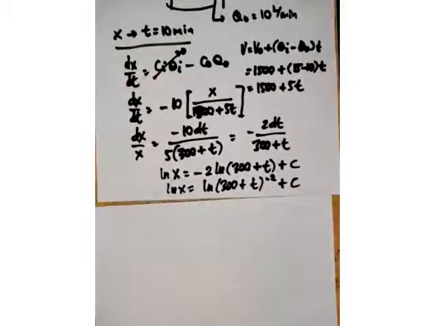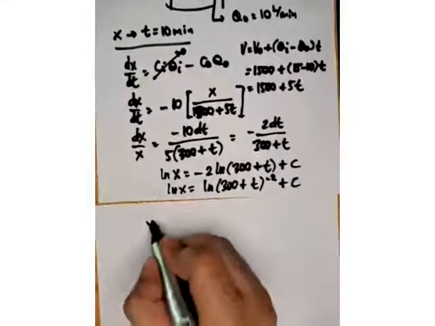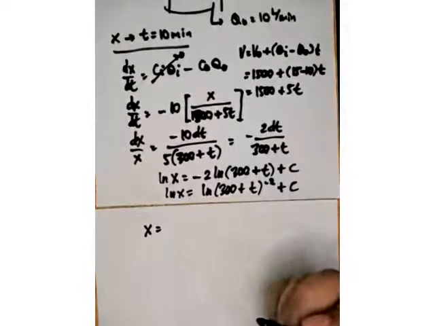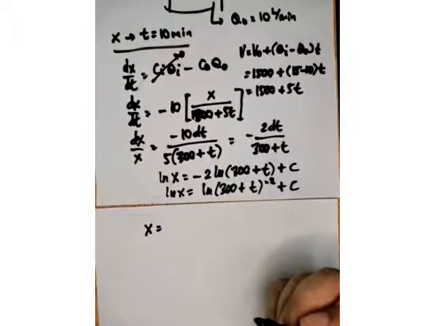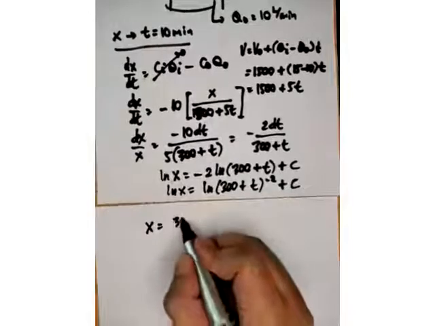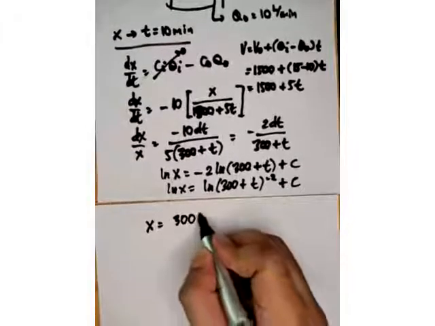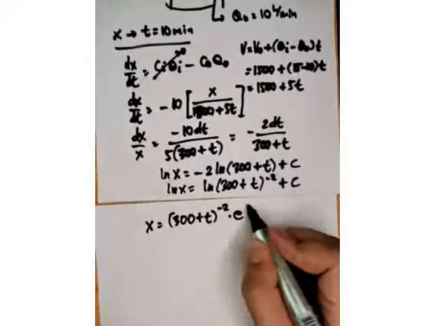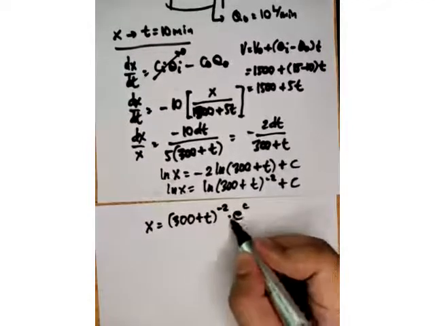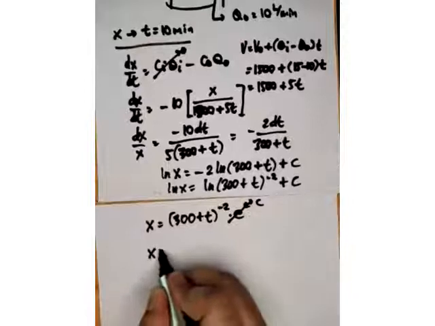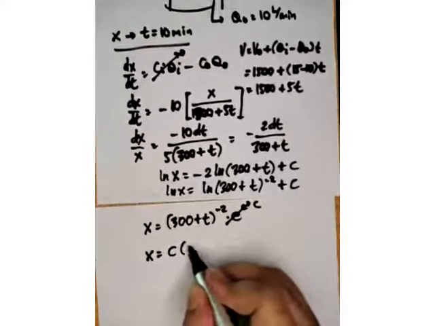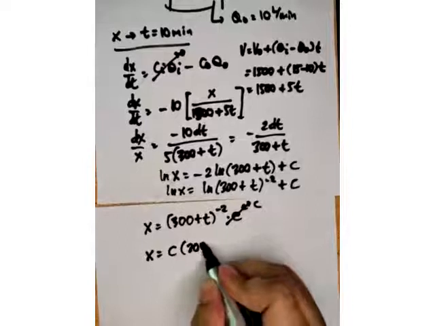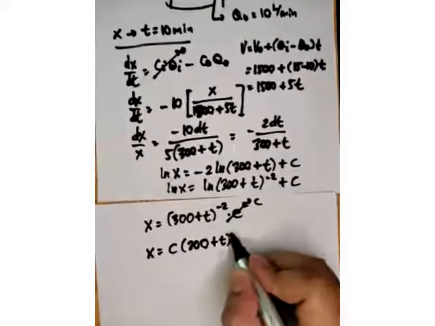Okay, and then we apply exponential. So x is equal to 300 plus t raised to negative 2 times e raised to c. But this one is c. So x is equal to c times 300 plus t raised to negative 2.